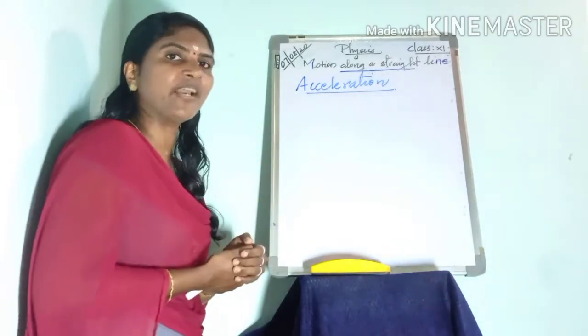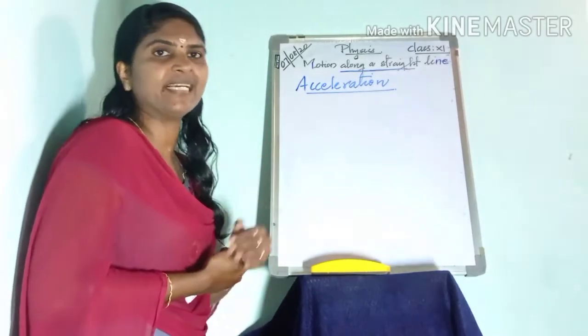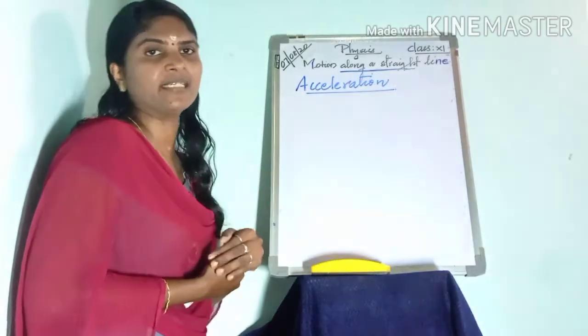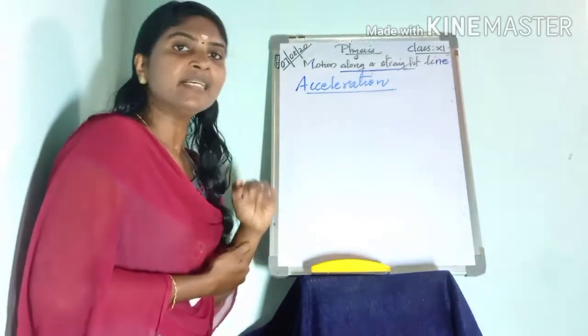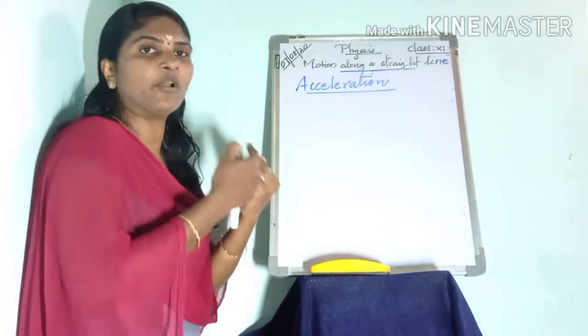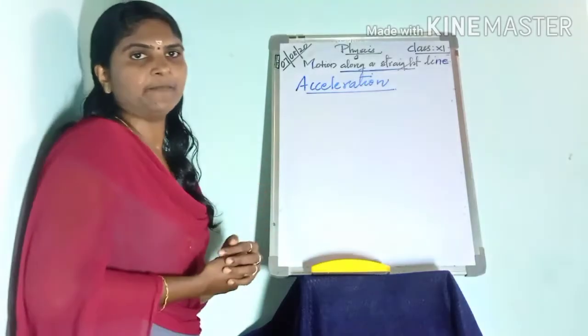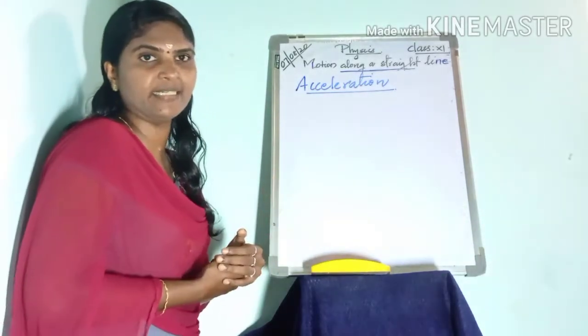What are the situations where the velocity changes? If the speed of an object changes, velocity also changes. Or if the direction of motion changes, velocity also changes. Or if both the speed and direction of motion change, velocity also changes. In these three situations, the velocity of an object may change.